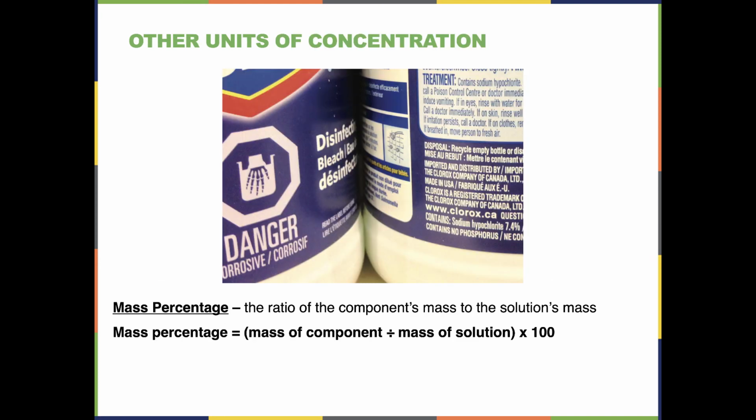Now there are other units that are used sometimes to express concentration. One is called a mass percentage. This is the ratio of the component's mass to the solution's mass.